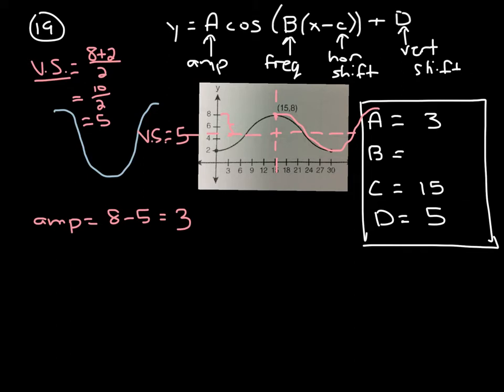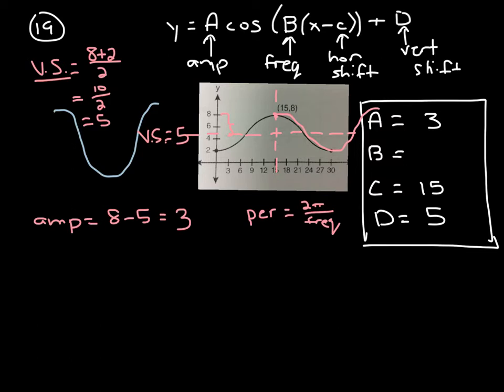And then with the frequency, just like number 18, the x-axis is labeled in terms of numbers, not in terms of pi. So when that happens, we're going to have to use our formula, period equals 2 pi over the frequency, in order to solve for the frequency. Okay, so the period is the horizontal length of one complete cycle.